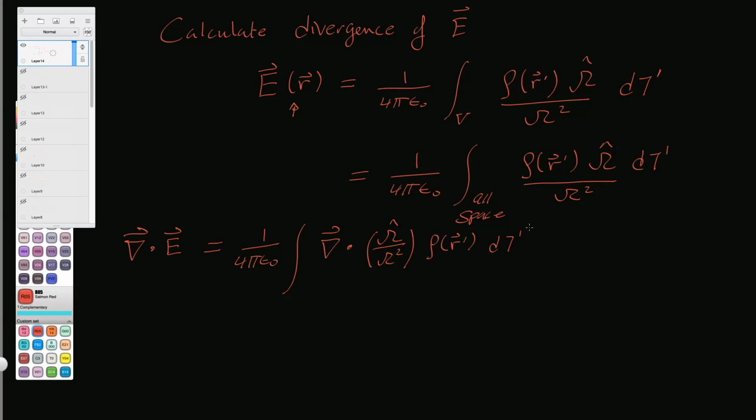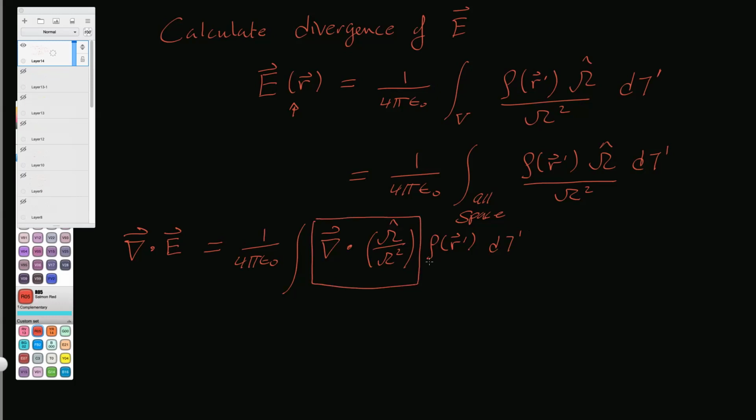The vector quantity here is the omega hat. The only unprimed coordinates that exist inside the integral are in omega hat and omega squared, right? Because rho only depends on r prime. So the derivative of that stuff is 0 if you're taking the derivative with respect to unprimed coordinates. Okay, so the derivative is really only being applied here.